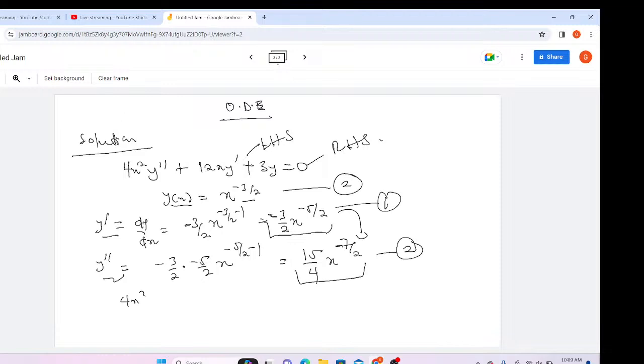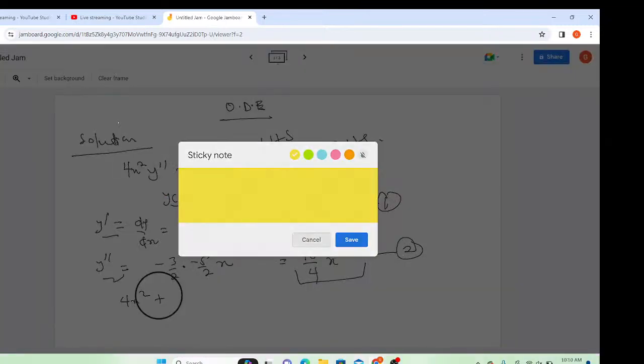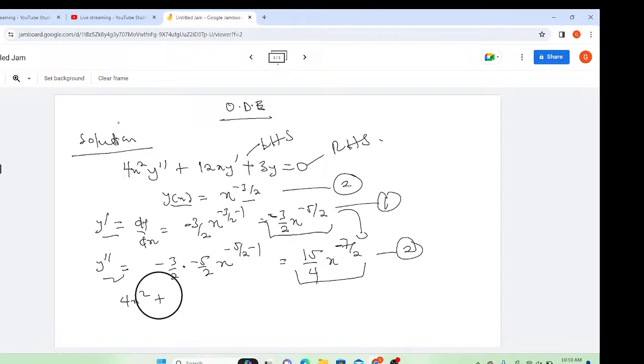So we have 4x squared multiplied by y prime prime, which is 15 on 4 x exponent minus 7 on 2, plus 12x times y prime, which is minus 3 on 2 x exponent negative 5 on 2, plus 3y. So this is our left hand side.